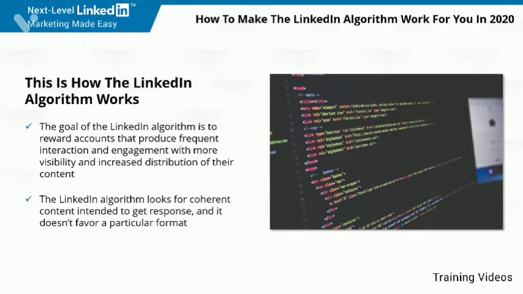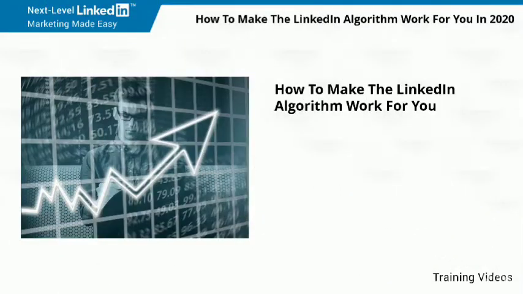The LinkedIn algorithm looks for coherent content intended to get a response, and it doesn't favor a particular format. It then analyzes how much engagement this content generates and determines the value of the content and the account publishing it. It then increases the organic reach of that account and the content it publishes, as well as its visibility in other accounts' feeds.